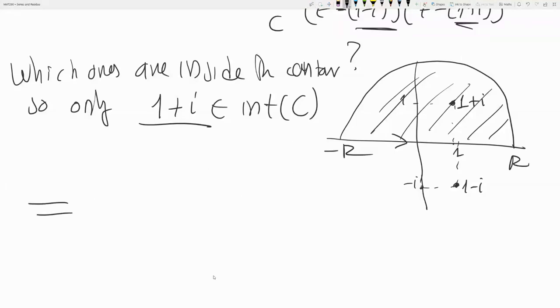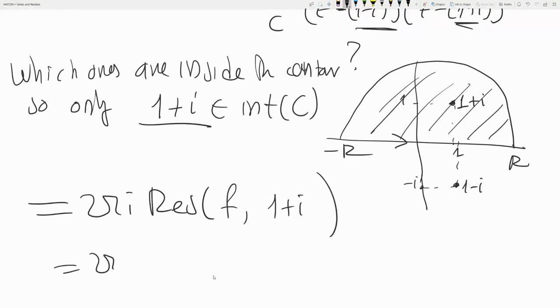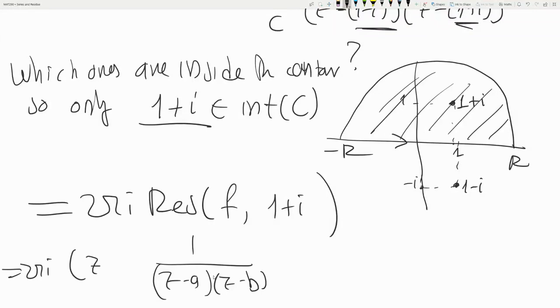So that integral is equal to 2πi times the residue of f at 1 plus i. So 2πi, z minus a, z minus b, times z minus a evaluated at z equal to a.